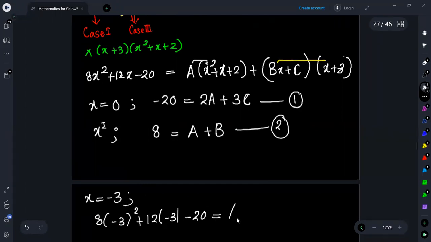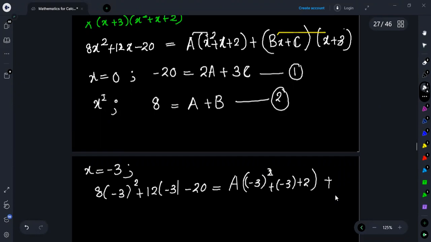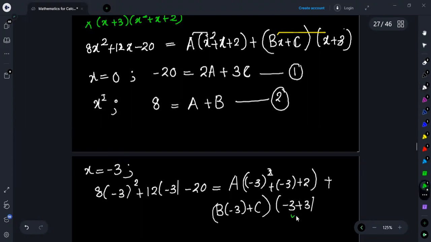This is equal to a times minus 3 to the power 2 plus minus 3 plus 2 plus b times minus 3 plus c, this whole thing times minus 3 plus 3. Since minus 3 plus 3 is 0, this part becomes 0 if we multiply this entire thing by 0, so the product of these two things is equal to 0.